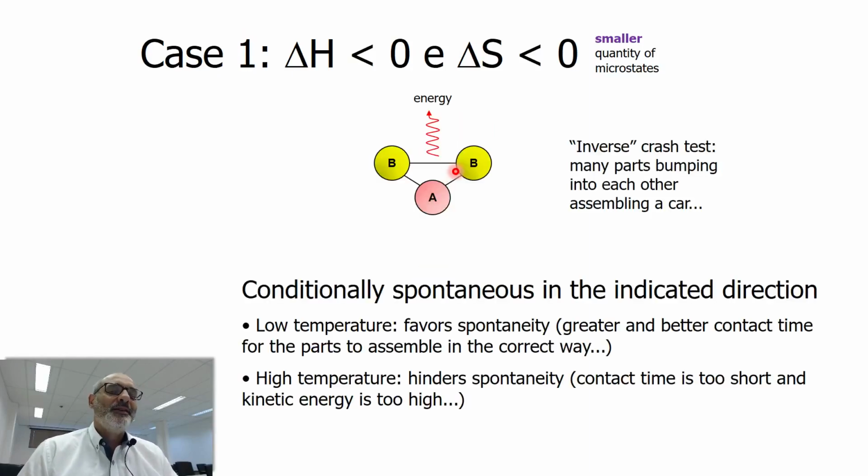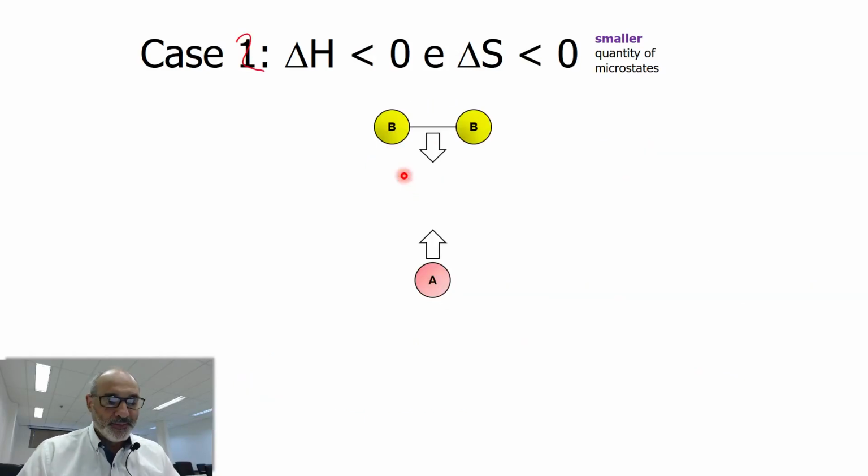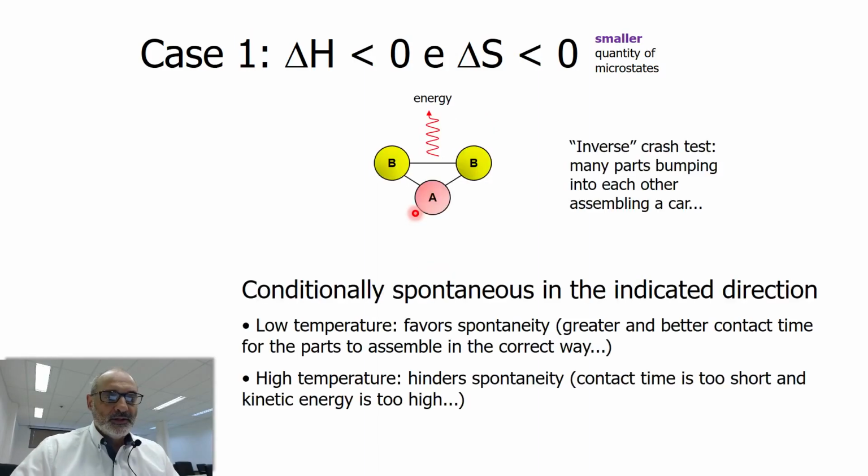Sorry, I think I said it wrong. The number of parts after the shock is smaller, 1, than the number of parts before the shock, 2 molecules. This is due to the fact that entropy decreases and energy is being released because delta H is less than 0.